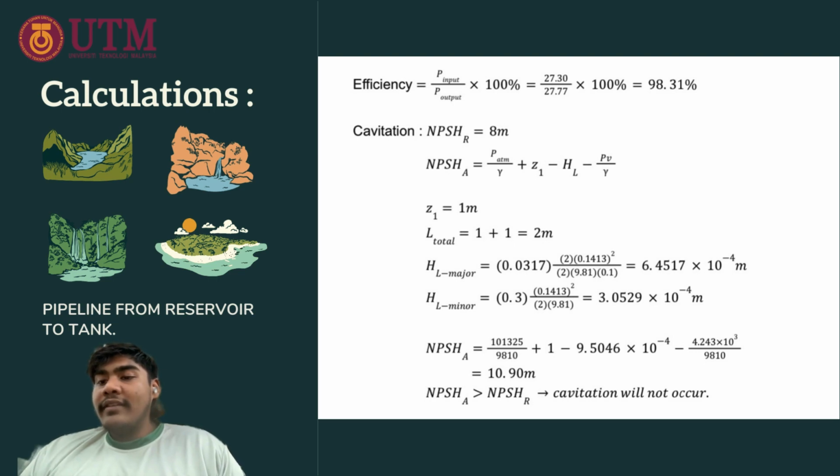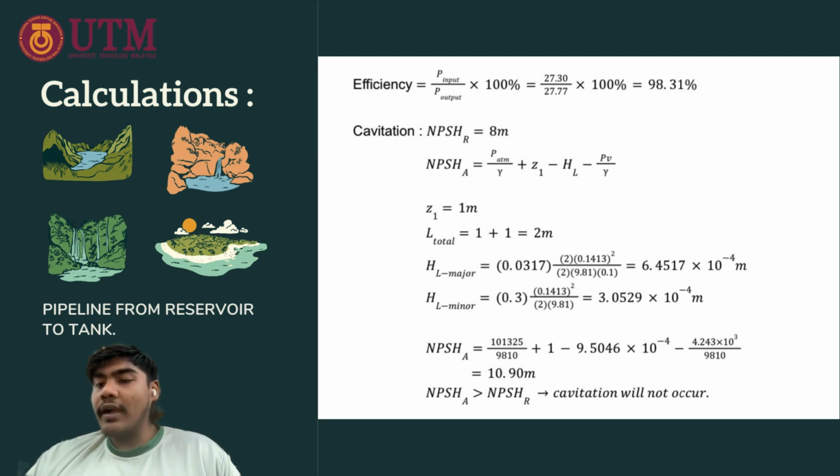We got the NPSHR from the developer equal to 8 meter. To calculate NPSHA, we use the formula of PATM over gamma plus Z1 minus HL minus PV over gamma. Our Z1 is 1 meter from the reservoir, and our L total from the reservoir to the pump is 2 meter.